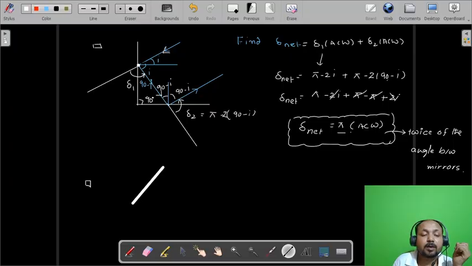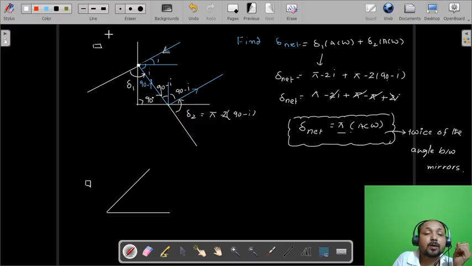Let's say this is a reflecting surface, the combination of two plane mirrors at any angle, let's say theta.